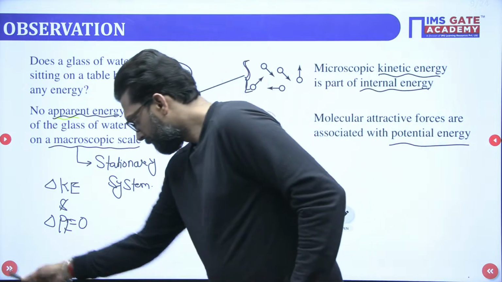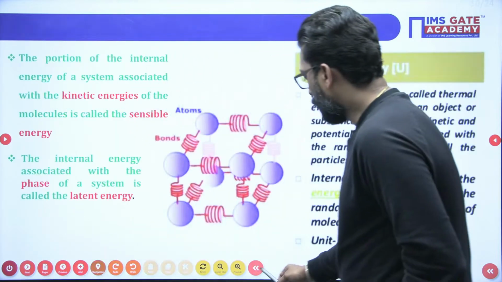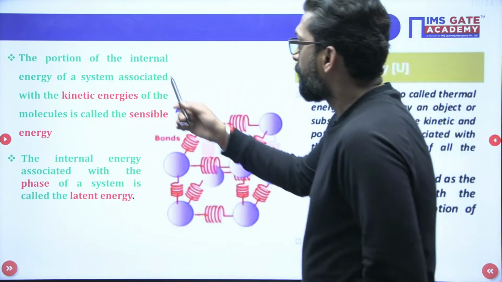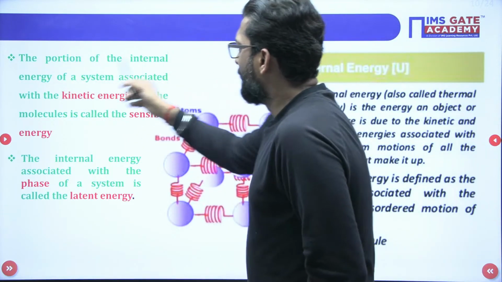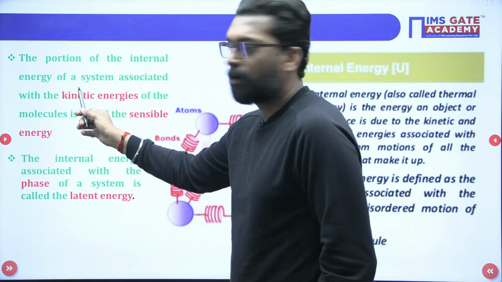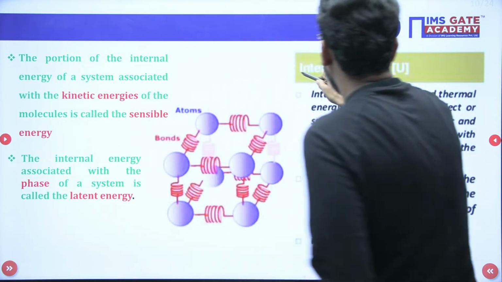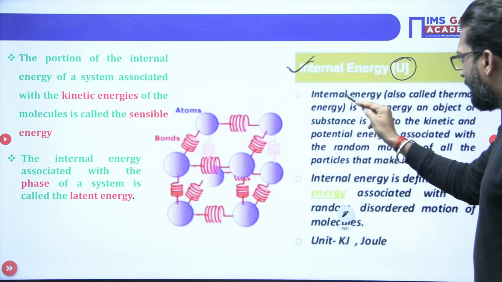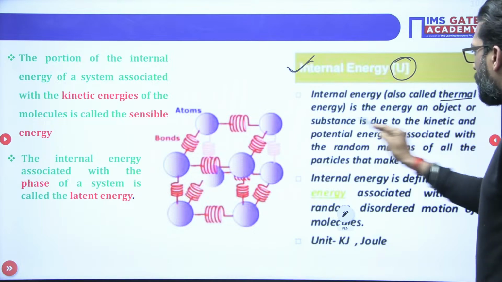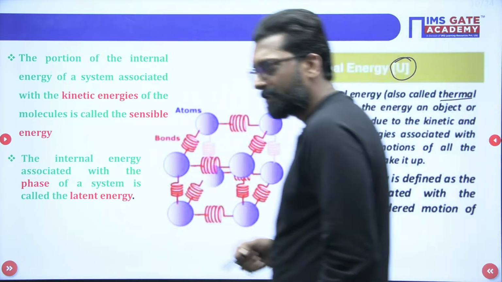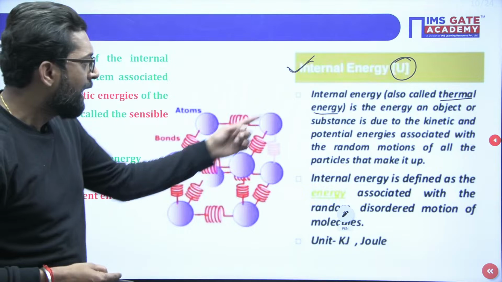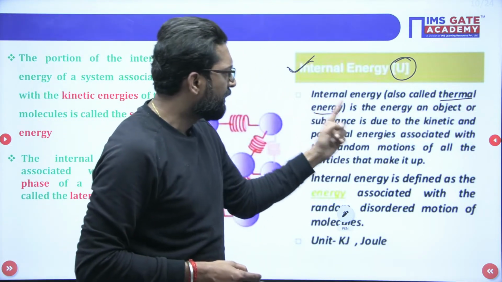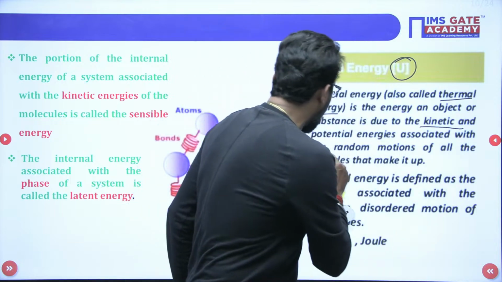Okay. Now next. This slide is also important. See the portion of the internal energy U. Internal energy is also called thermal energy, and it is the energy of a substance due to the kinetic and potential energy.